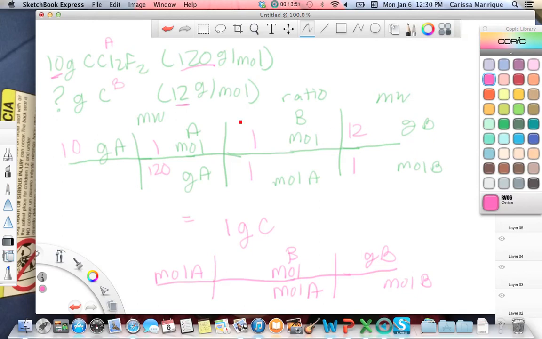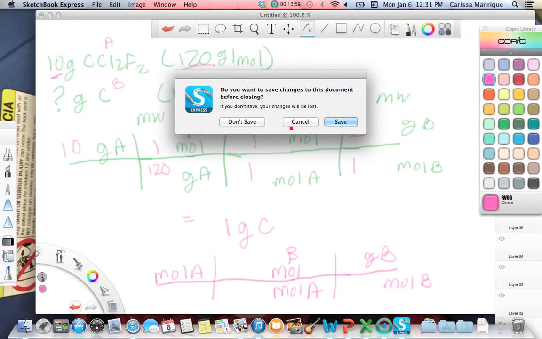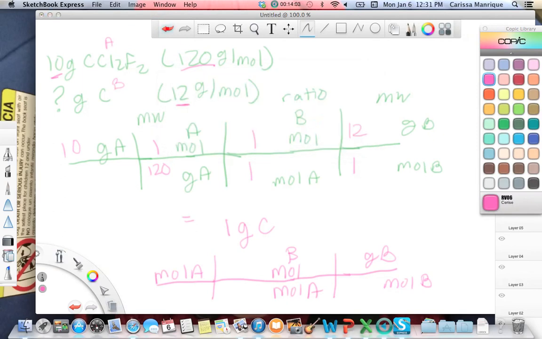Okay, so let's say they want us to go from a mole of A to a mole of B. How do we do that? We set it up. Actually, let me delete all of this and just show you.